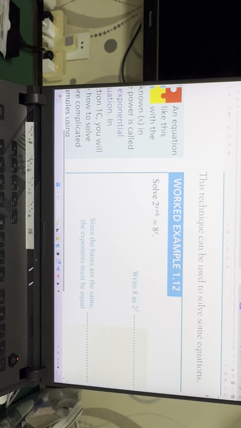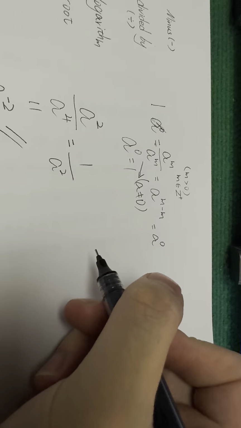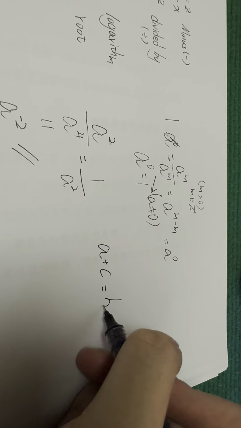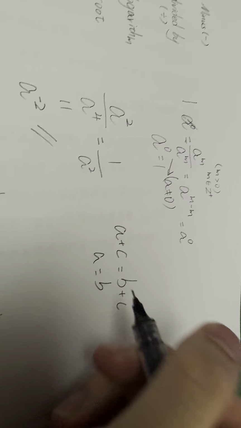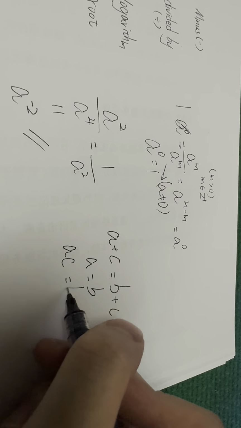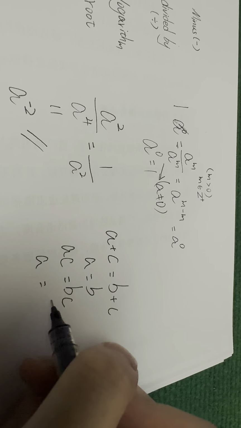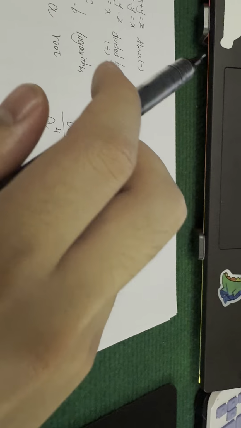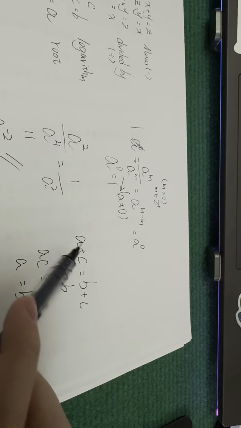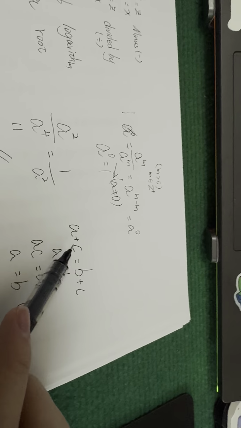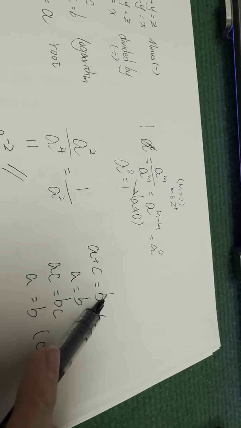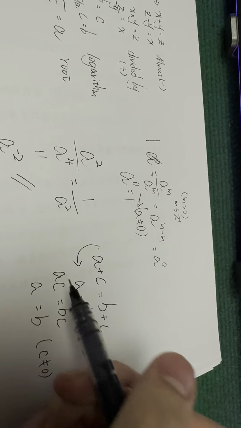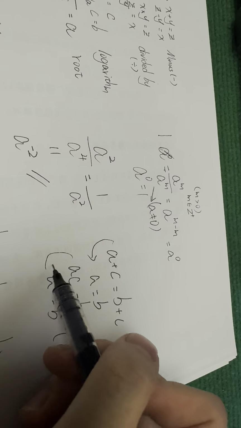Maybe everyone will think, for example, if a plus c is equal to b plus c, so a is equal to b. If a times c is equal to b times c, so a will equal b if c is not equal to 0. So everyone will think that if for both sides, for a and b, we do the same calculation and the result is still equal, it means a is equal to b.